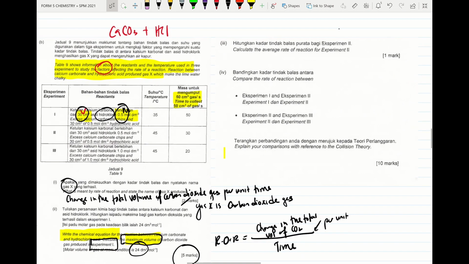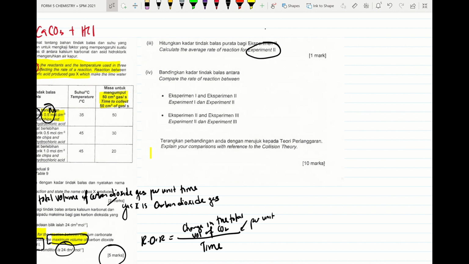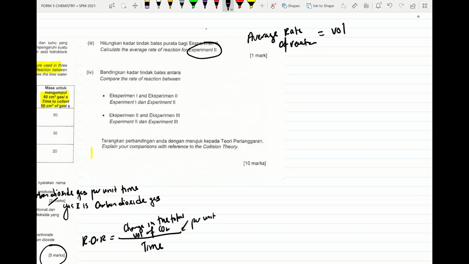Calculate the average rate of reaction in experiment 2. The formula for average rate of reaction is the volume of carbon dioxide gas divided by the time.